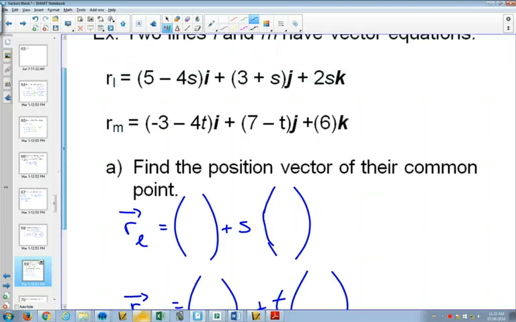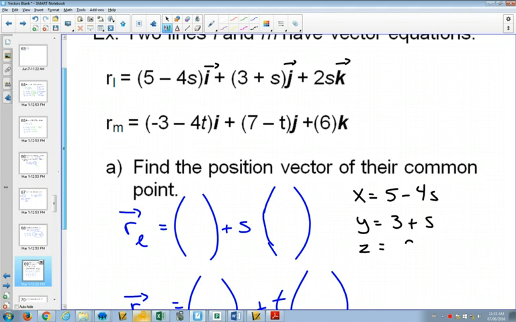So the question is, can you figure out these from this form? What do the i, the j, and the k represent? The i represents your x coordinate, right? So if we look at that, we know that our x coordinate is 5 minus 4s, our y coordinate is 3 plus s, and our z coordinate is just 2s.